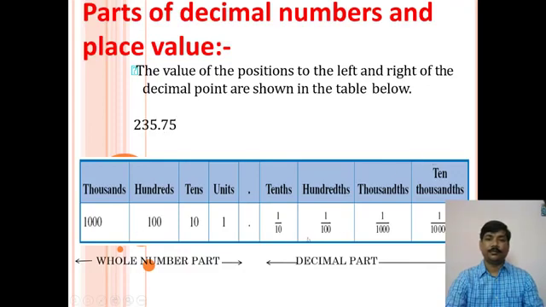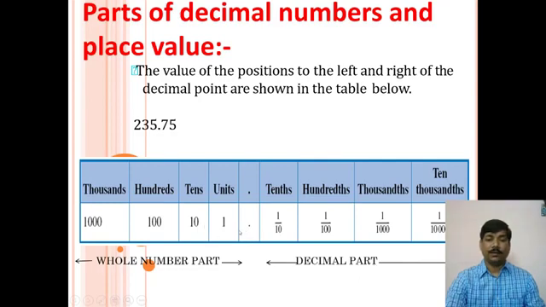This is the table showing the place value of the digits in the decimal number. This dark spot is known as the decimal point. The left part of this point is known as the whole number part, and the right part of this point will be known as the decimal part.